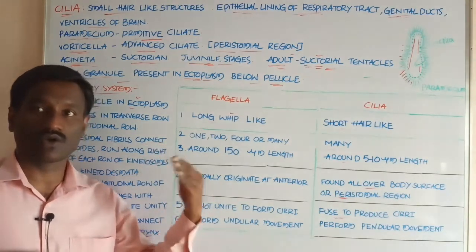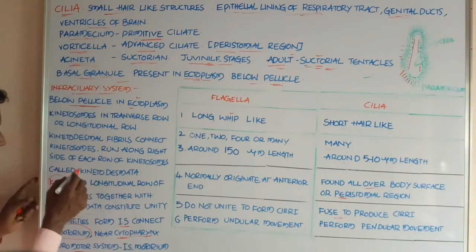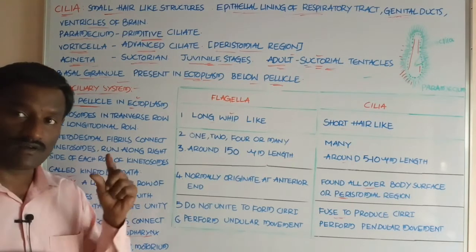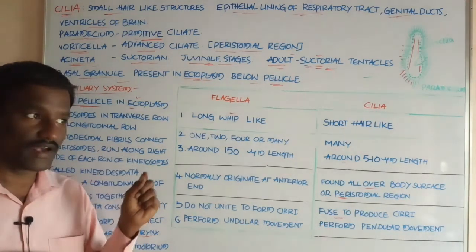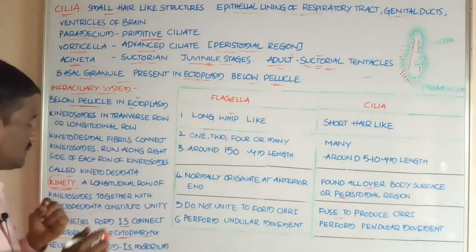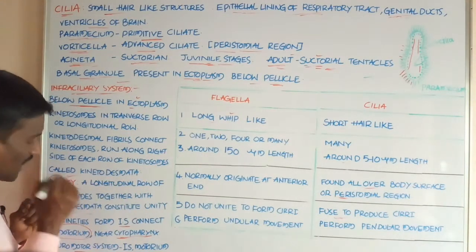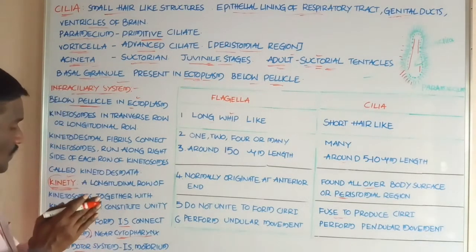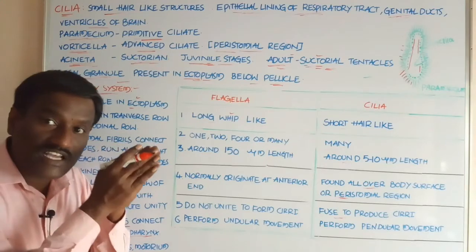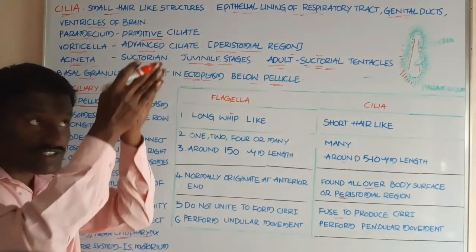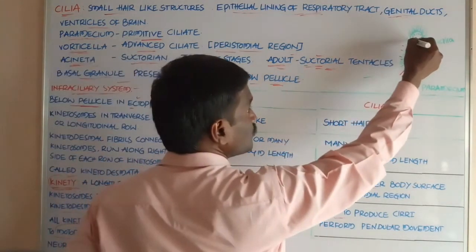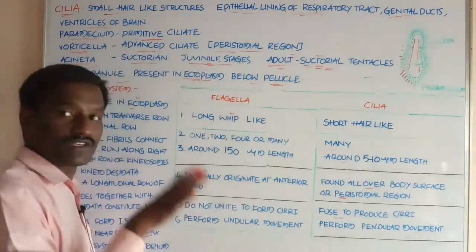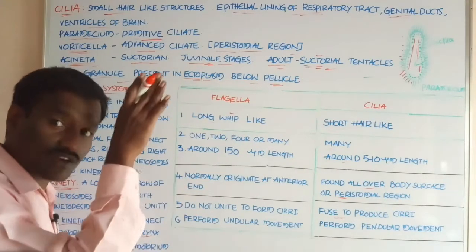Next, what about the kinetic? Students, it is important. Kinetic means a longitudinal row of kinetosomes together with kinetodesmata.